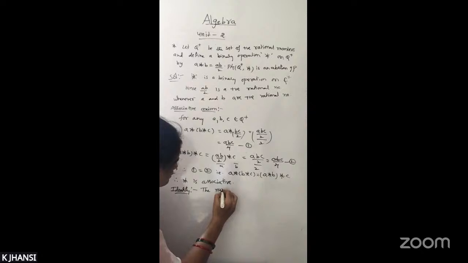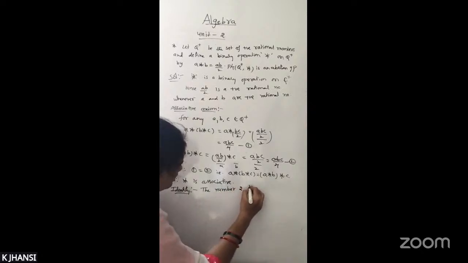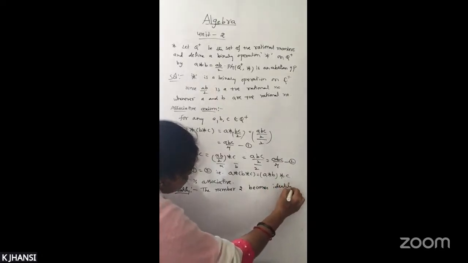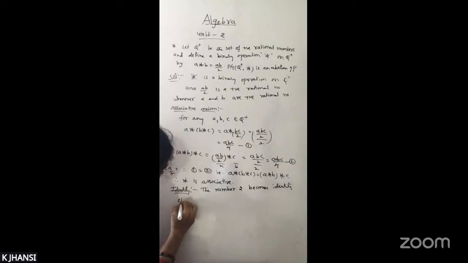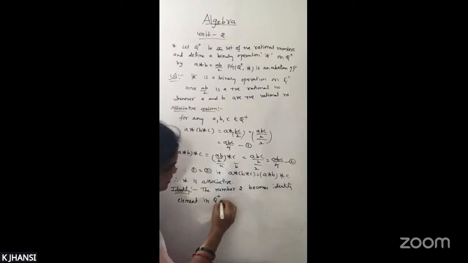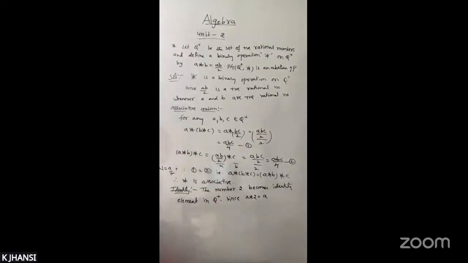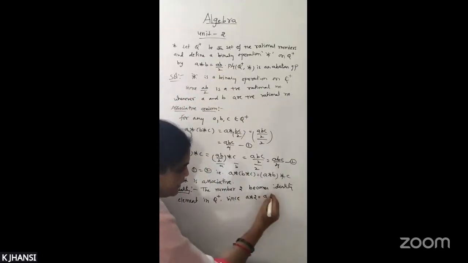The number 2 becomes the identity element in Q plus, since A into 2 is equal to A. A into B is defined as AB by 2, so AB by 2 means A into 2 by 2.